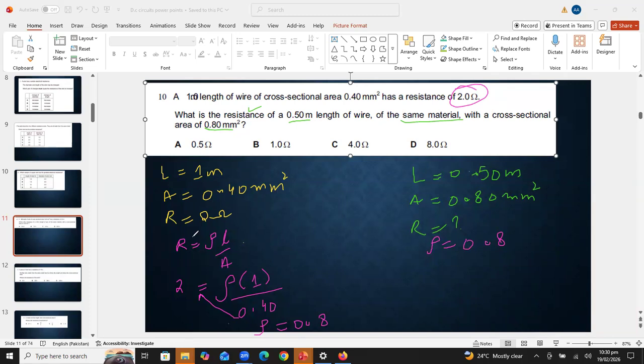Now I will use the formula again: R equals rho L upon A. We have to find the resistance, resistivity is 0.8, length is 0.5, area is 0.8. When we solve it, we get the resistance 0.5 ohms. So A is the correct answer. Understood everyone? A is the correct answer. Did you understand this question everyone?